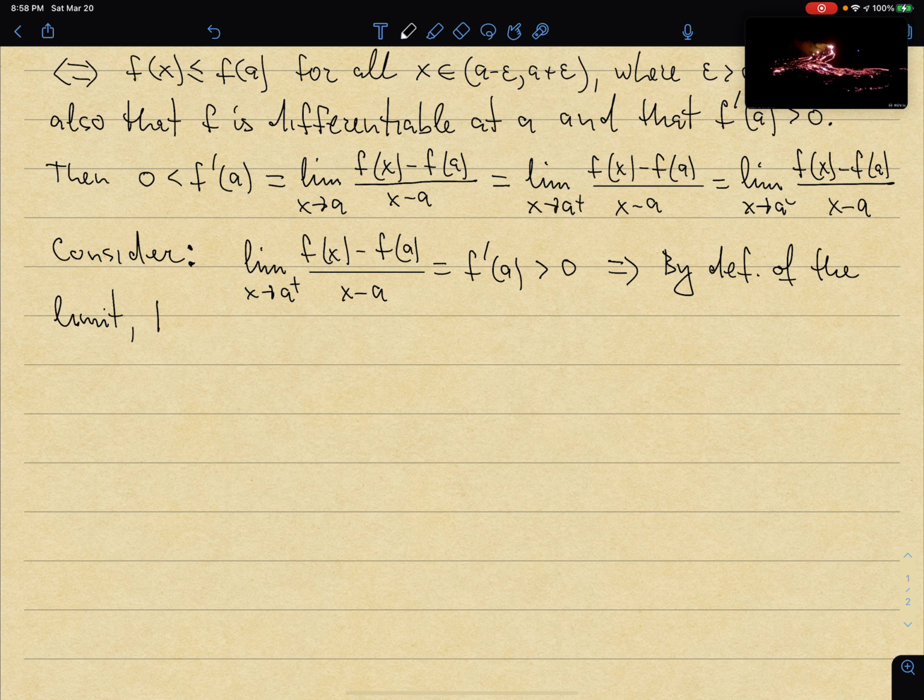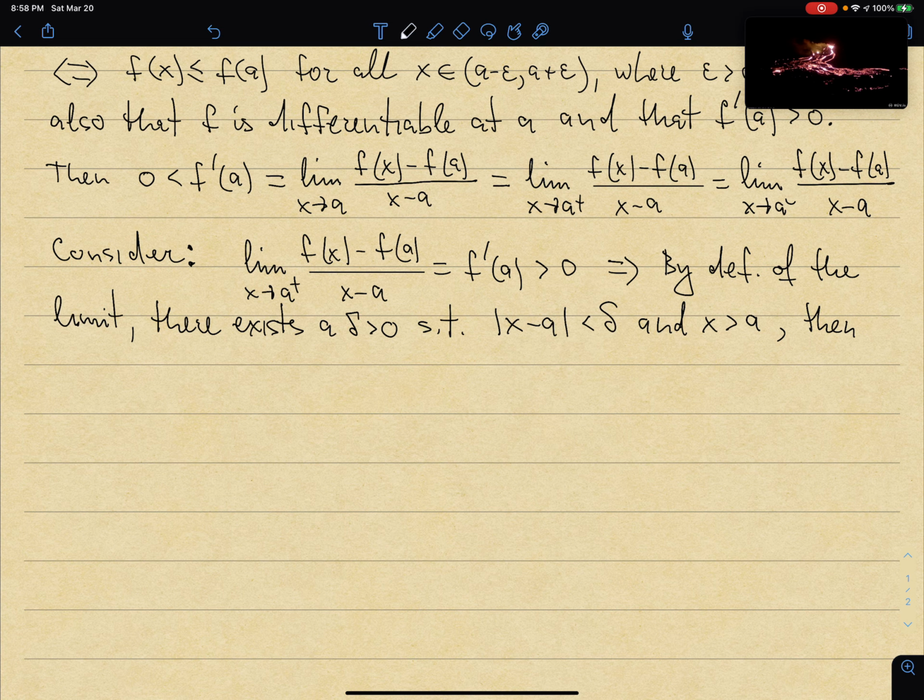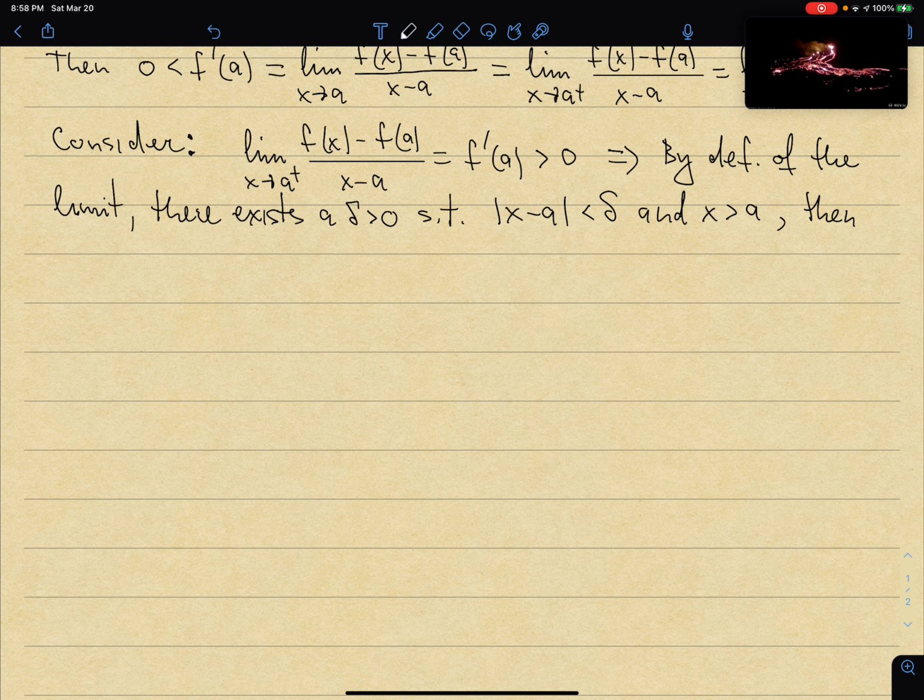There exists a delta greater than 0 such that if the absolute value of x minus a is less than delta, and because I'm taking a limit from the right, x is greater than a, then the value of the function minus the limit is going to be less than epsilon, and as epsilon I chose f prime of a over 2.